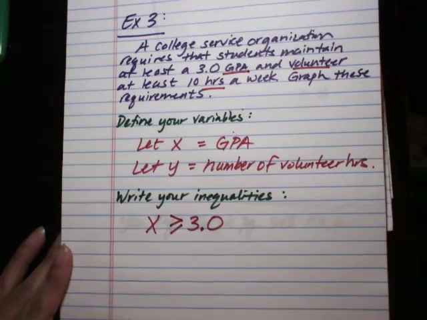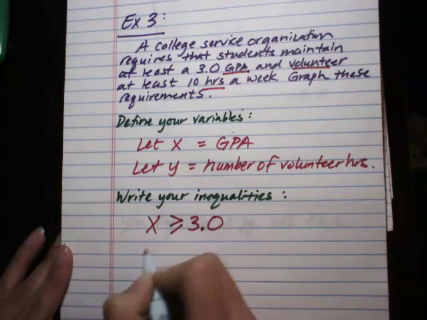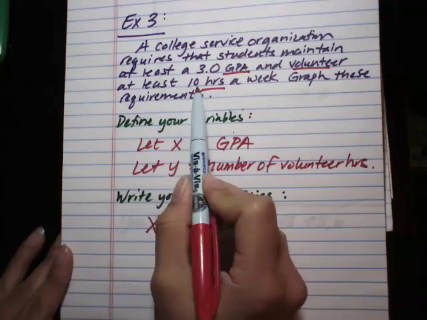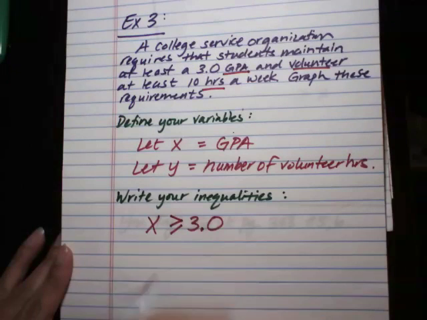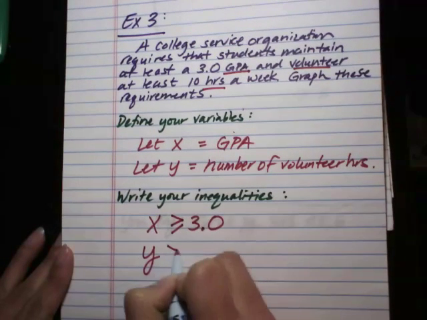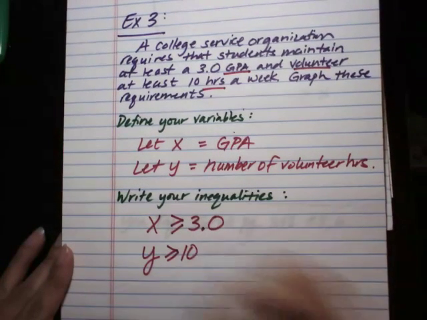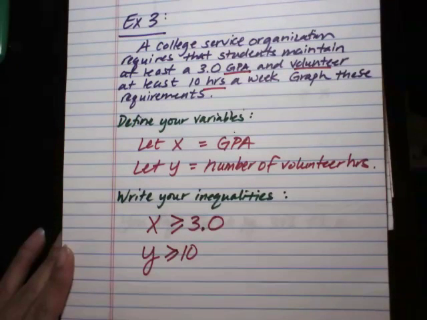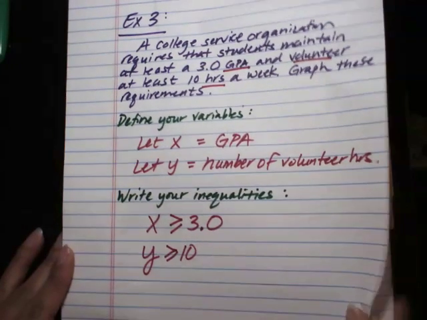Second inequality: volunteer hours has to be at least 10 hours a week. So the number of volunteer hours has to be at least 10 hours. Now that we have our two inequalities, let's graph.